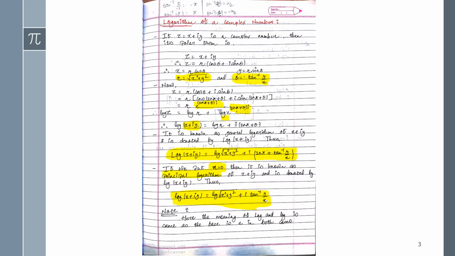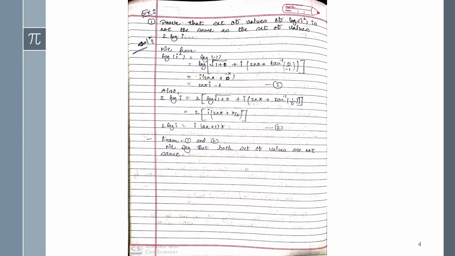And what I have explained, I have written here only as a note, so you can see what I have written. Now next we are going to start the examples, and here I have given the first example.